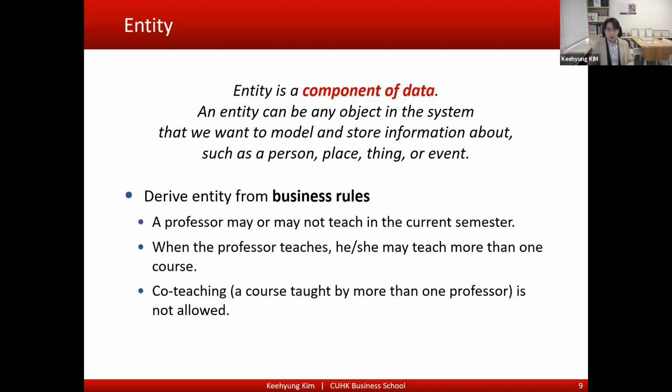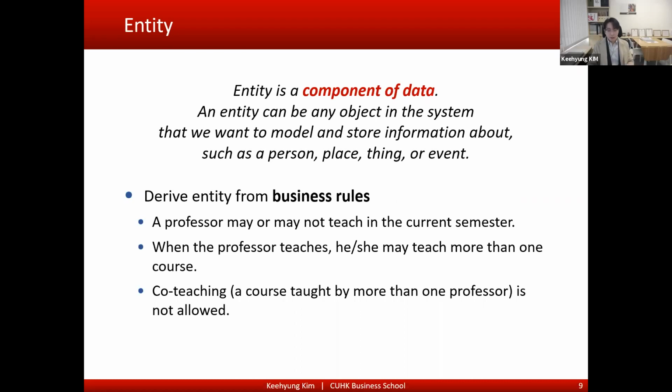So let's think about the earlier example. You are usually able to derive an entity from the business rules. Earlier, we created business rules, as you see in this slide. The business event was teaching in university, and we inferred these business rules.